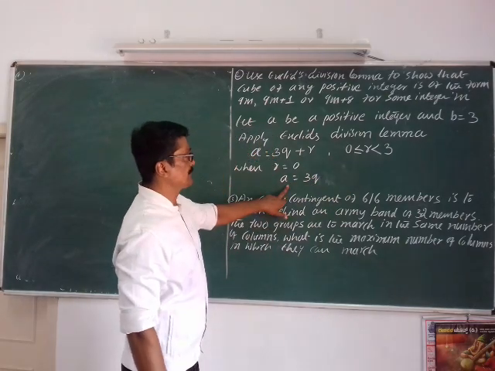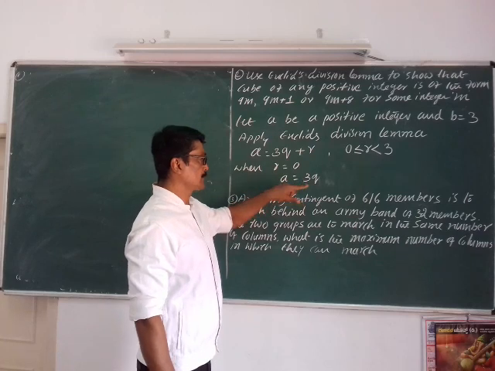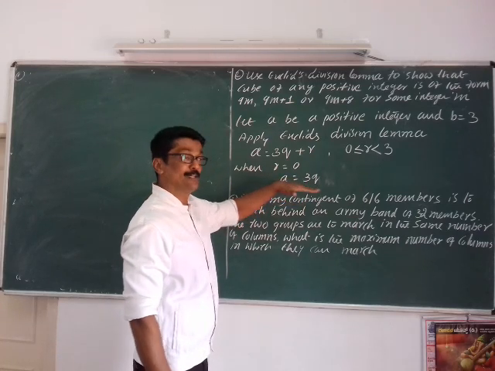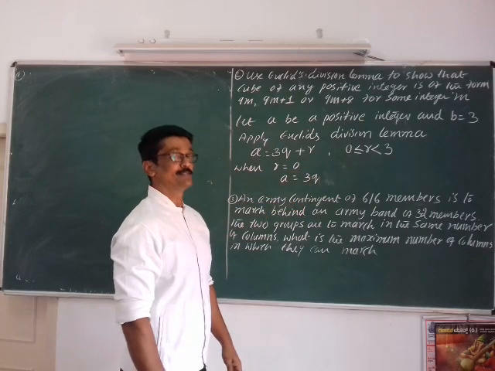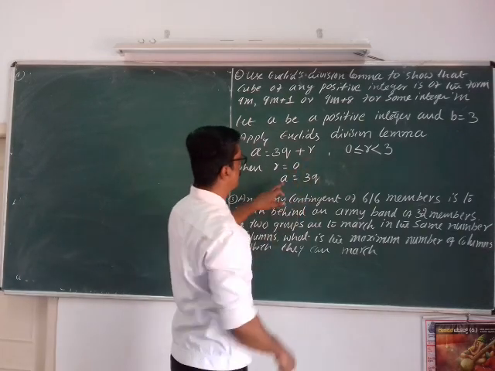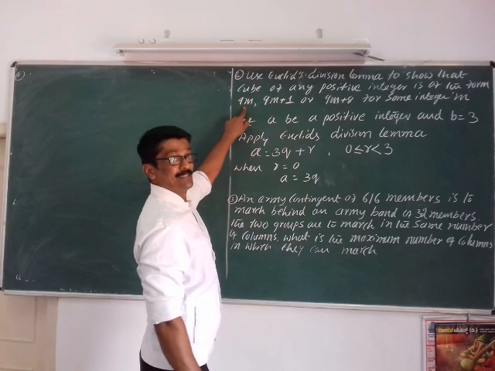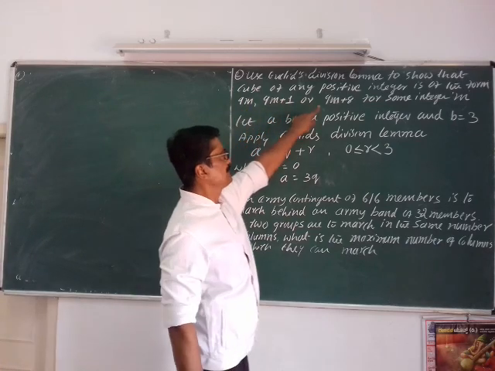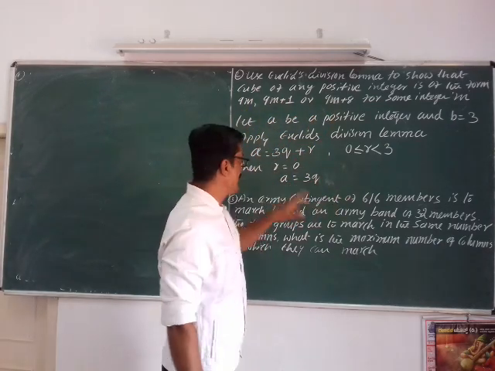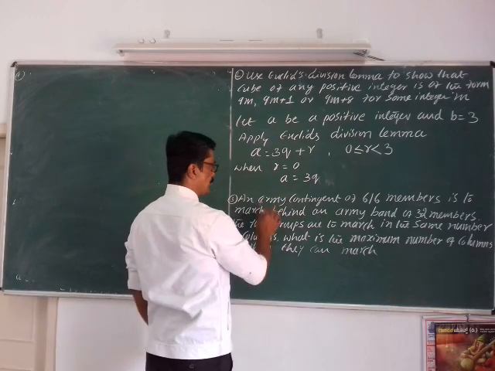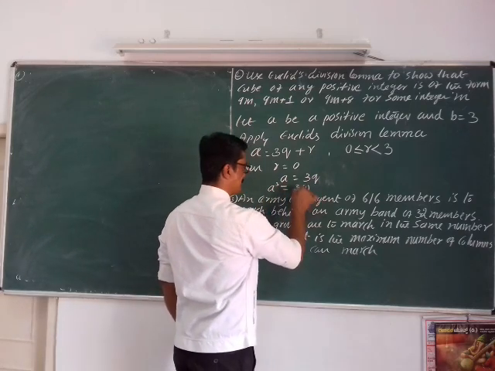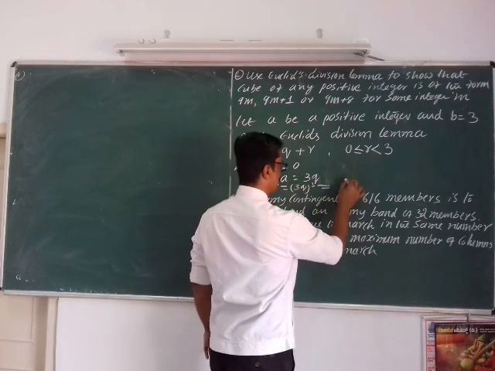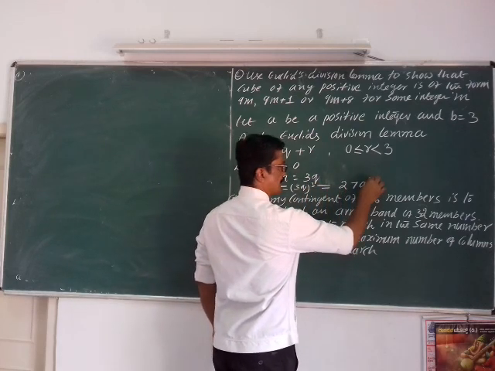What you have to do is, you are not asked to express the number in the form of 3q, but the cube of the number in the form 9m, 9m plus 1 and 9m plus 8, not the number. So let me cube this. a cube is equal to 27q cube.